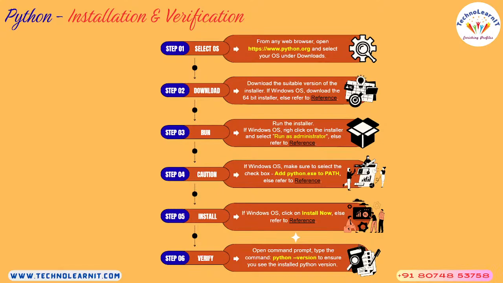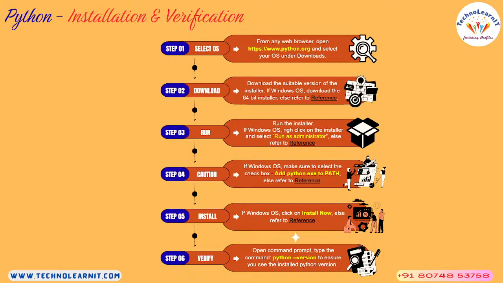All the options that it gives to you, don't change any options there. That would work for us if you go with the default options. Make sure that you select the option add python.exe to the path if you are on Windows.